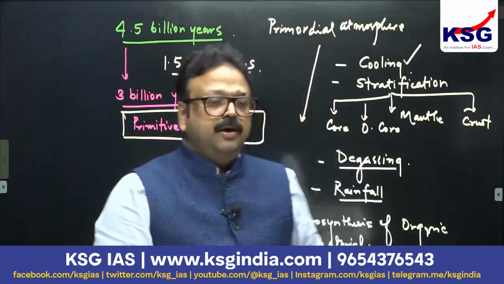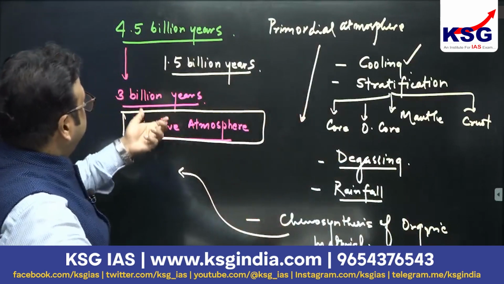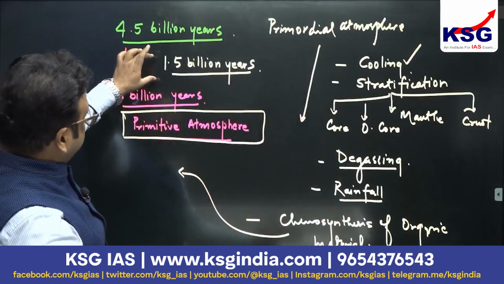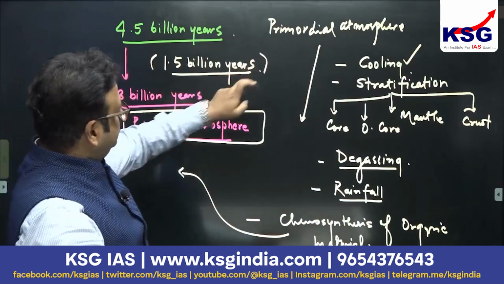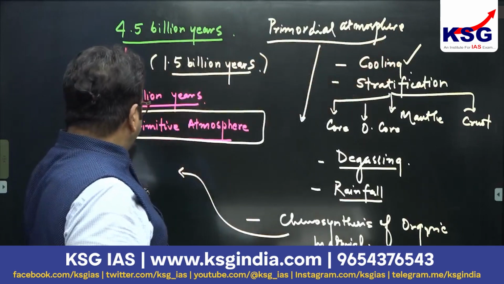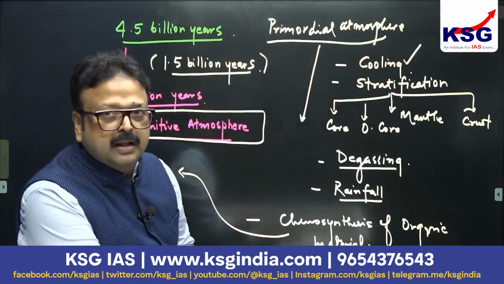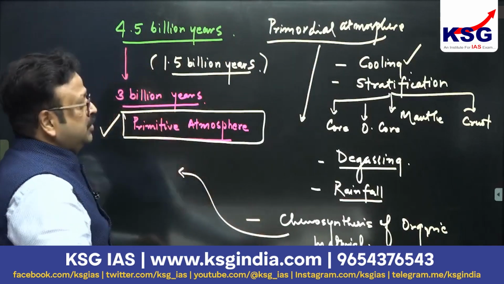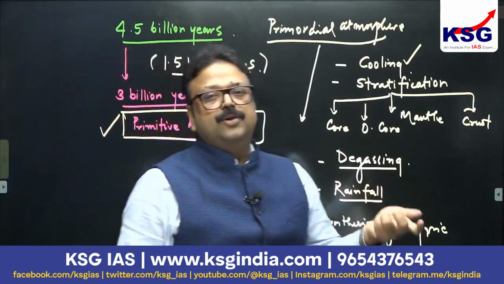That means everything which was required for origin of life has been taking place in this phase. That means from primordial atmosphere to evolution of primitive atmosphere, this was taking place. And what happened in primitive atmosphere that life was formed?